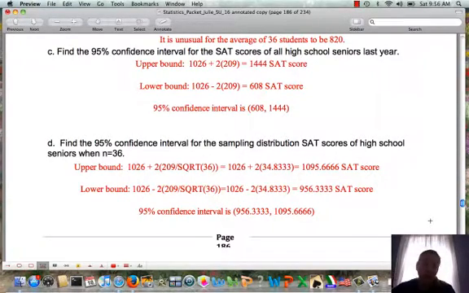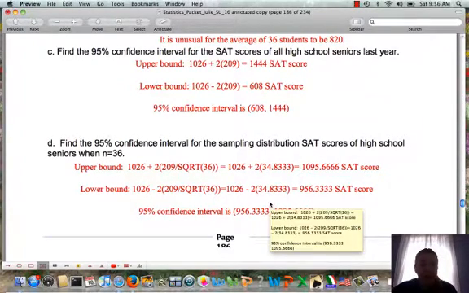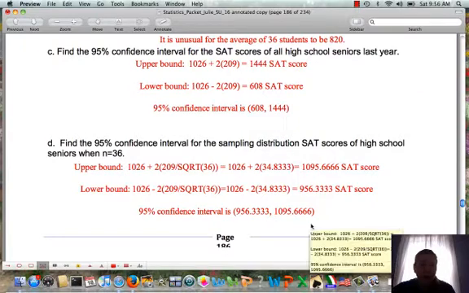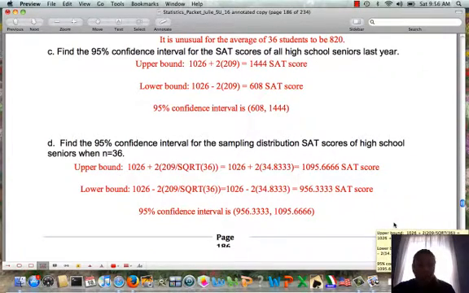So because we're dealing with sample means, we're going to end up with a narrower confidence interval because we're taking all this data, finding the mean or the average from the 36 students, and then plotting it. And if we do this very many times, we expect their true mean to lie between 956 and 1,095, or 1,096 if we round up.